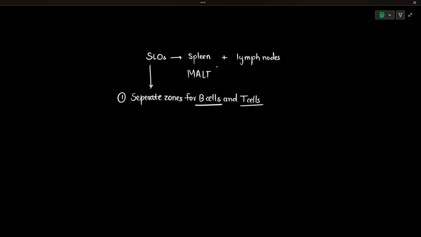the B cell zone. In the same way, in the lymph nodes, there will be different layers which will separate the B cell niche from the T cell niche. Okay, so this is the common feature that belongs to all of the secondary lymphoid organs. Other than that, those secondary lymphoid organs will have tiny follicles, the areas where the B cells are going to grow and produce the antibodies.